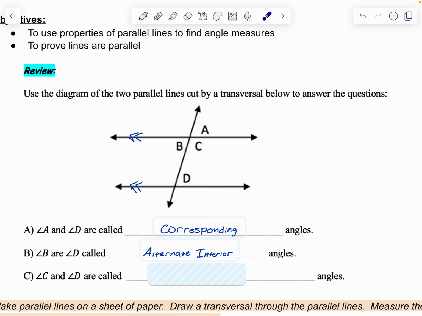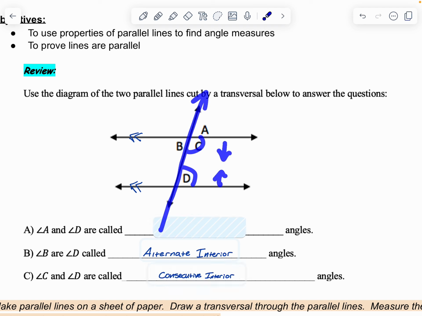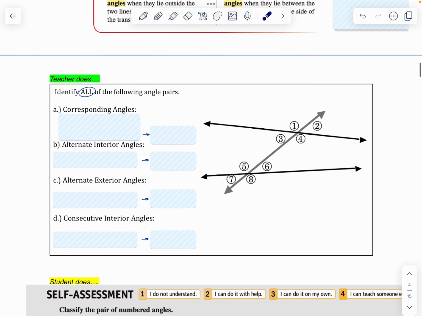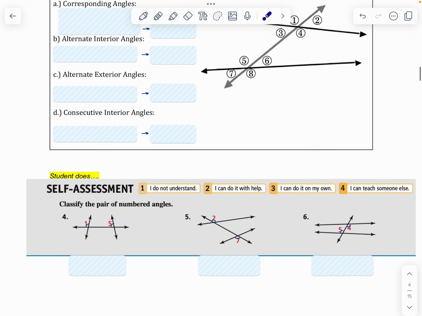And lastly, we have angles C and D, which are on the same side of the transversal and again are both interior. We would say consecutive interior. Consecutive tells us same side. Interior tells us inside those two parallel lines. Parallel in this case, not in any of the cases on our first notes, or didn't need to be at the very least.